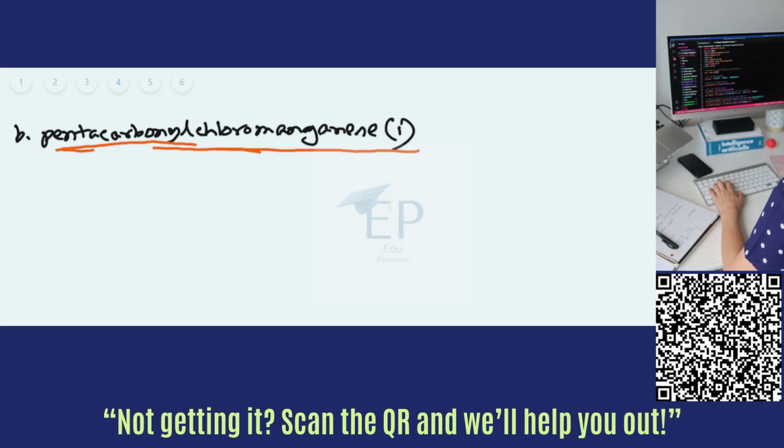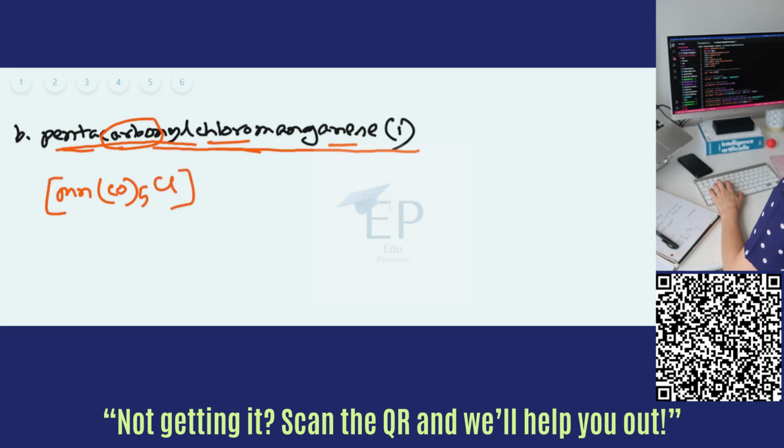We have only one complex here. So we start by writing the central metal atom or ion, which is manganese. And then we have 5 carbonyl groups here. So put carbonyl in the bracket and put 5 as subscript. And then we have one chloro group, Cl.